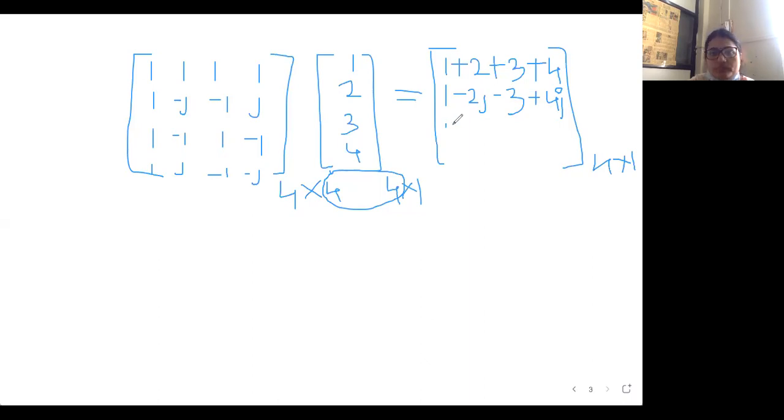Minus 2, minus 2, 3, plus 3 minus 4, and the last will be minus 4. Similarly, what are we supposed to do here? I want to find out the fourth element. So what will you do? The fourth row will get multiplied by the first column. So find out this.